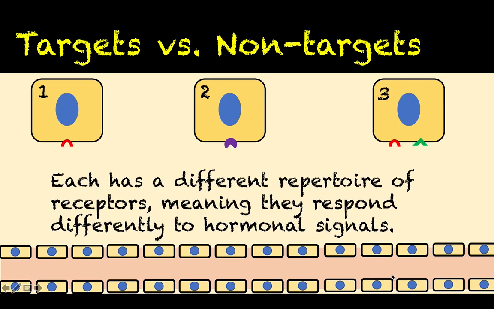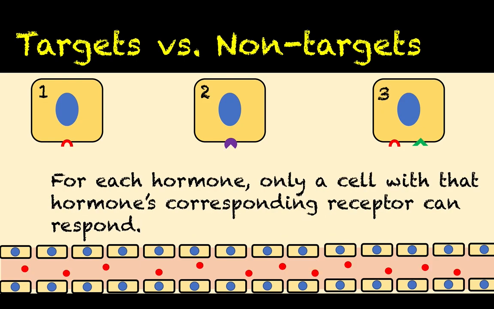Now, what you're going to notice is that each of these three cells has a different repertoire of protein receptors. And what this means is that these three cells will respond differently to hormonal signals. So in this instance, we have one particular hormone that is in the blood, which is indicated by the red circles.